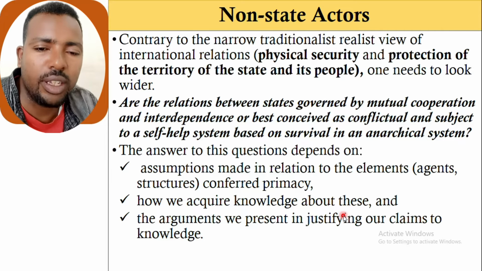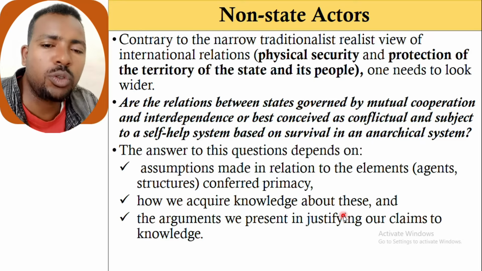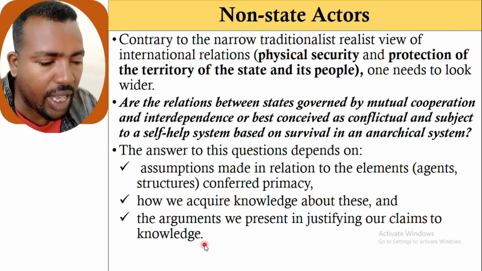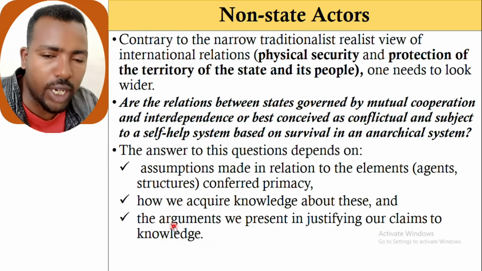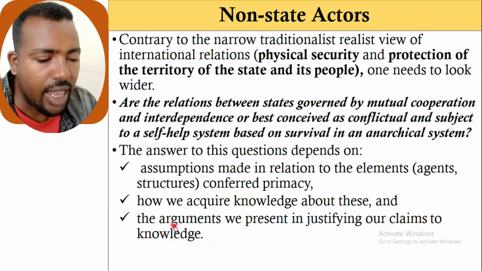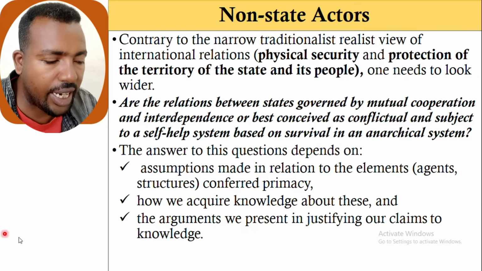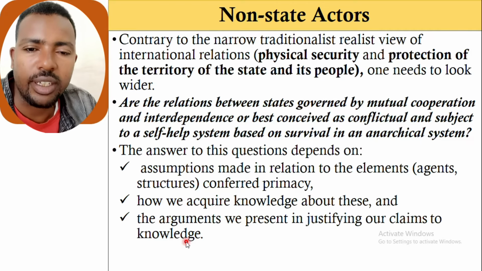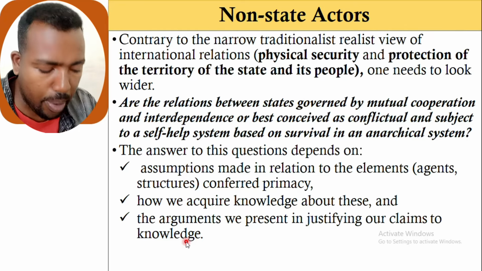If you are influenced by a liberalist perspective, your position might be liberalistic. So, how we acquire that knowledge determines which one we decide is best. The argument we present in justifying our claims to knowledge, the reasons and evidence we present to prove our position, also determines which one is the best approach.